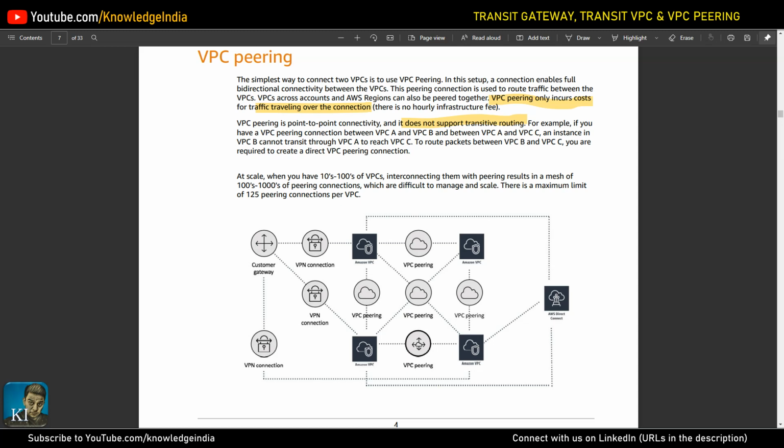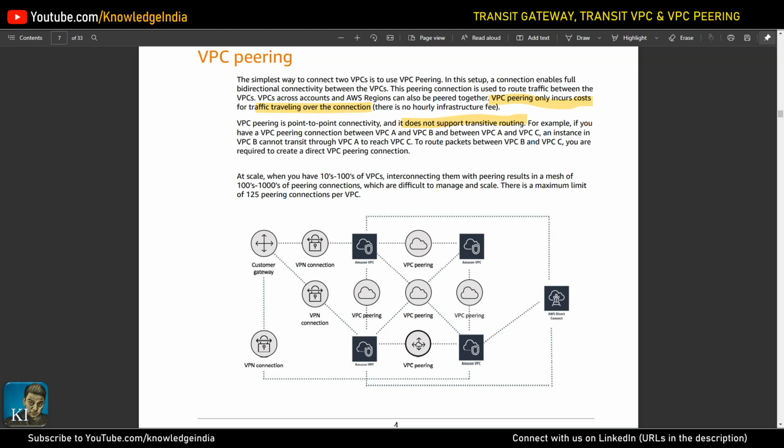But one of the problems with VPC peering is that it doesn't support transitive routing, which means if VPC A, VPC B and VPC C are there, A is peered to B, B is peered to C, A cannot talk to C, right? Because of that, in an enterprise when you have a lot of VPCs and all of them need to talk to each other, it leads to a mesh type of structure.